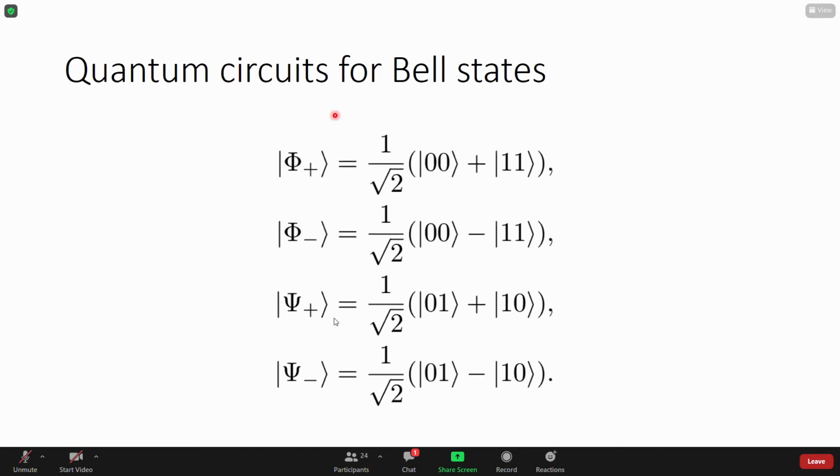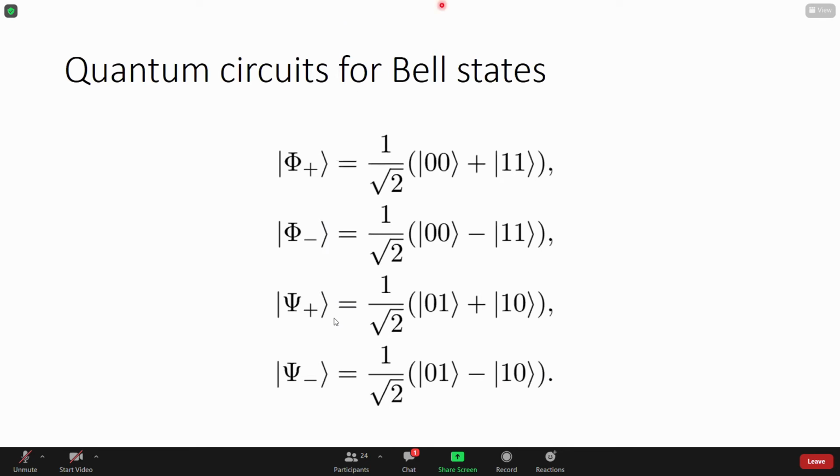Just as a reminder, the Bell states are a sort of complete basis that we care about, because it's a basis consisting of fully entangled quantum states. So they are very useful to think about. You will also see that in the example of quantum teleportation that I will show you later today. But for now, let's just think about how we can really create a Bell state using the tools that we have seen.